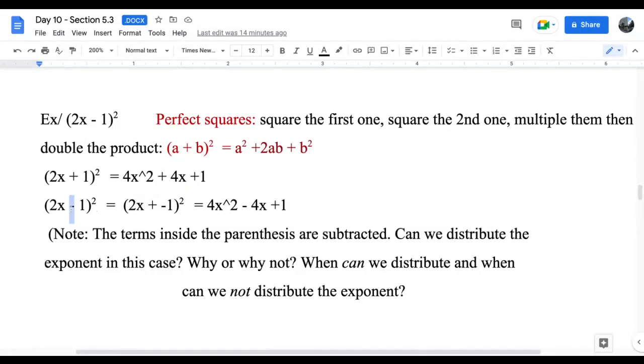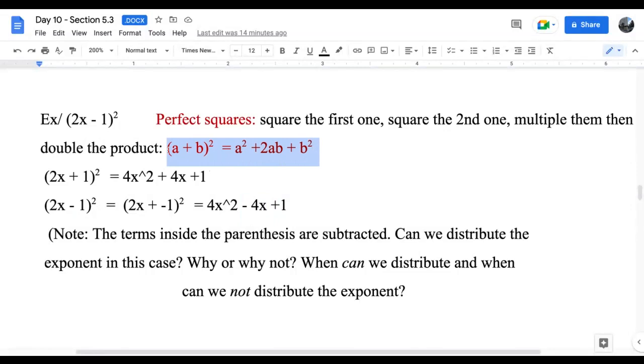Well, now let's see minus, right? So square the first one, we get 4x squared. Square the second one, well, what's negative 1 squared? Still positive, right? But now a is 2x, b is negative 1. So the product is negative 2x, right? Negative 2x. Then we double negative 2x, we get negative 4x. Right.